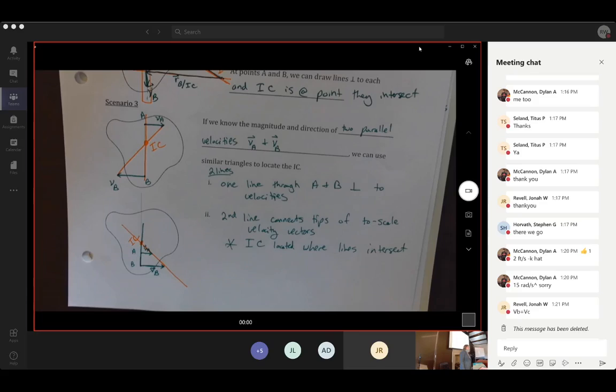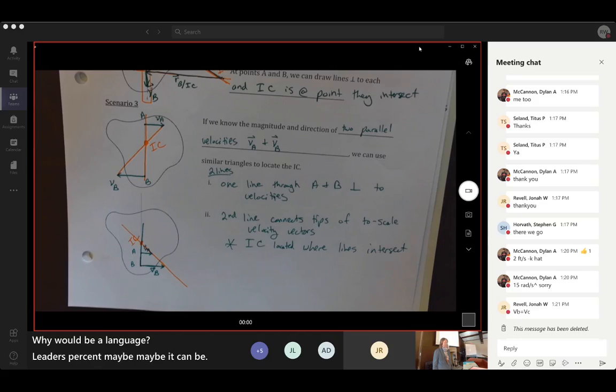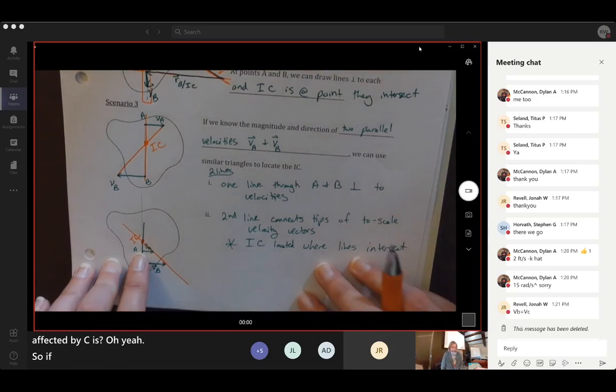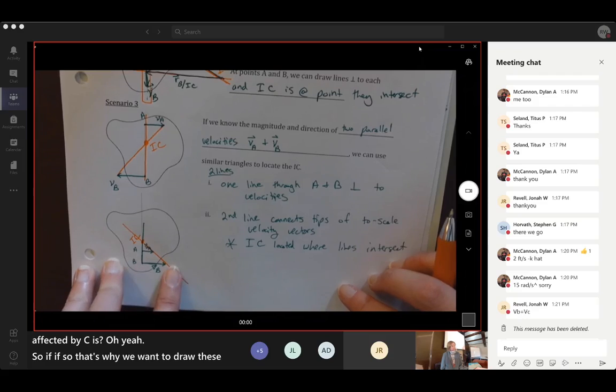Doesn't matter the quantity of velocity, like VA can be 2 meters per second and VB can be either less than or greater. Would that affect where the IC is? Yeah, so that's why we want to draw these to scale.